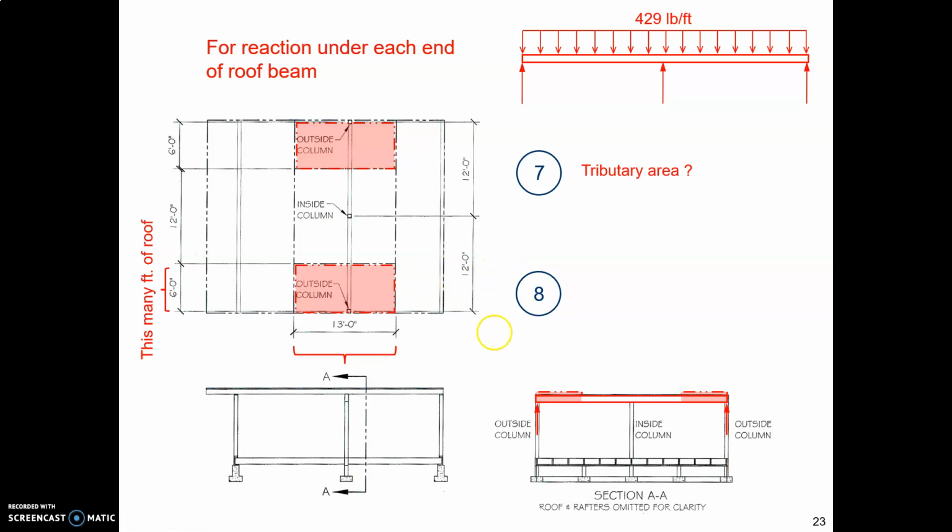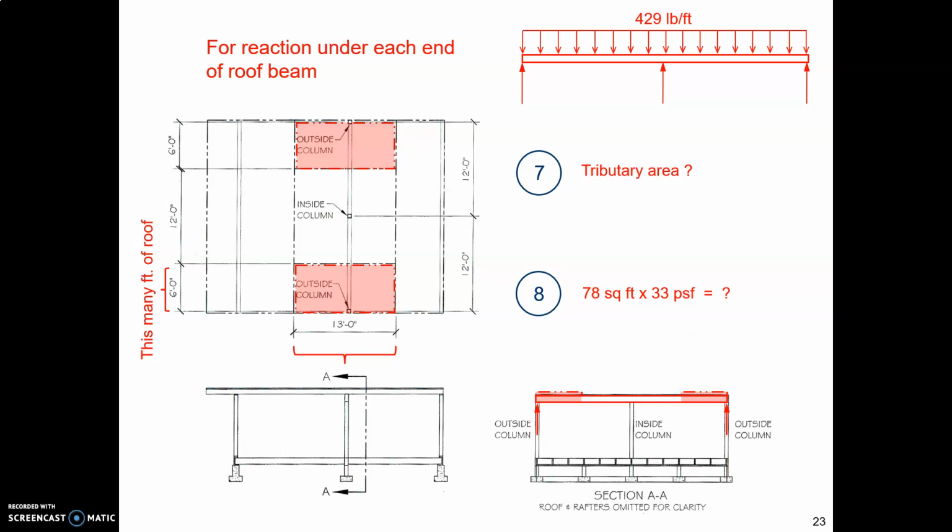And so what is our tributary area here? What is 6 feet times 13 feet? Mr. Calculator, that must be 78 square feet. Alrighty, so we've got 78 square feet of roof sitting on top of one column. And that roof, we figured out, weighs 33 pounds per square foot.